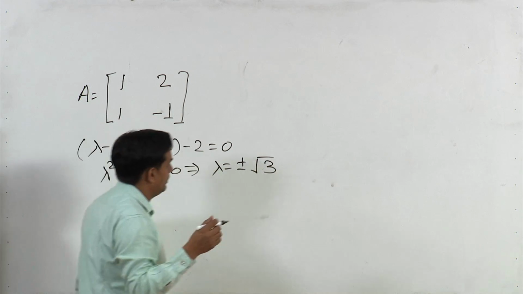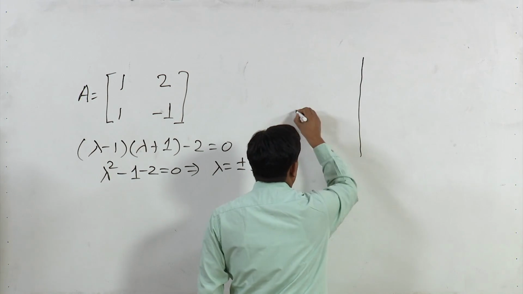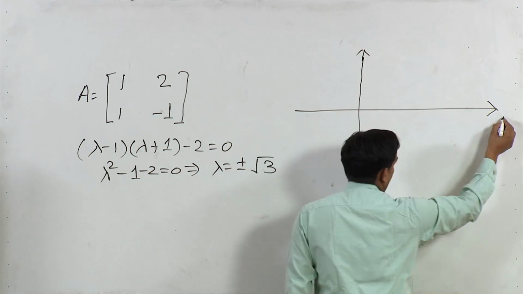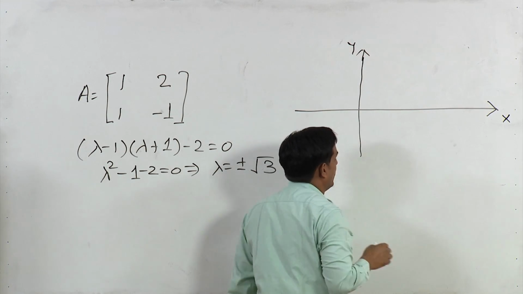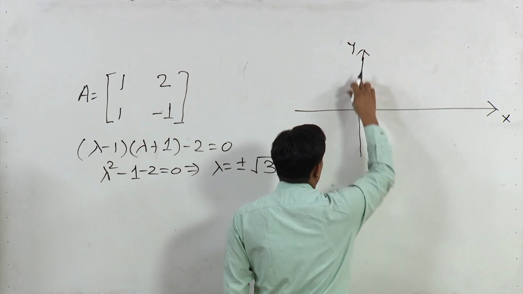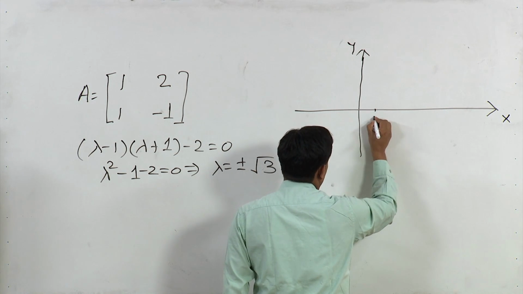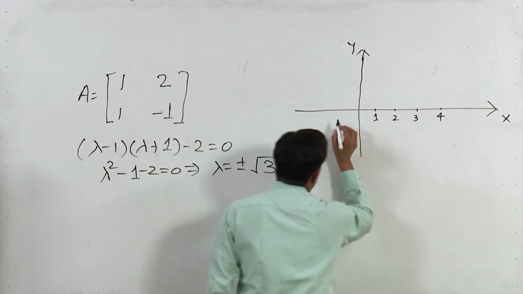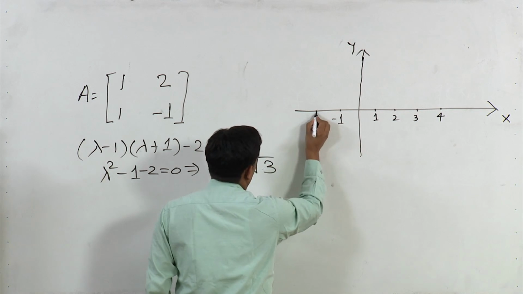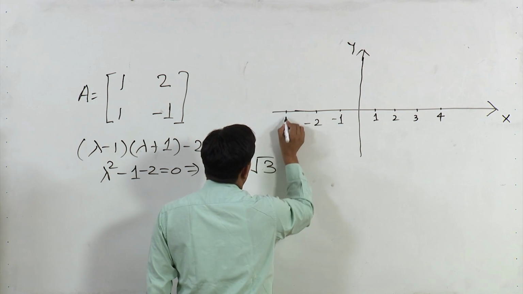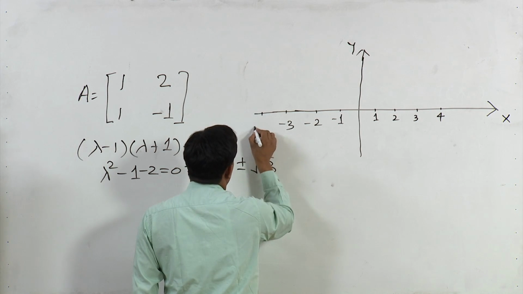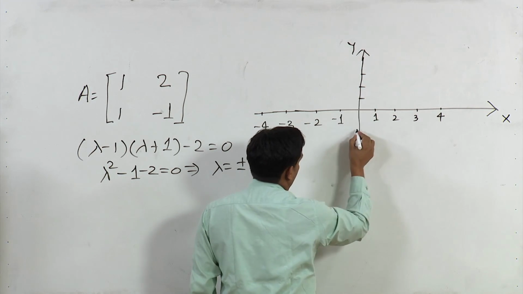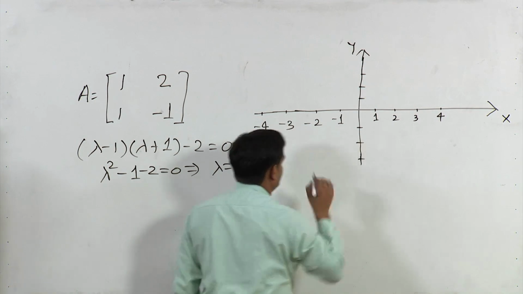Now if I plot the disks of this matrix according to the Gershgorin theorem, let us say this is my x and y, that is the complex plane, with the imaginary axis and real axis, marking 1 2 3 4, similarly minus 1 minus 2 minus 3 minus 4, and i, 2i, 3i.